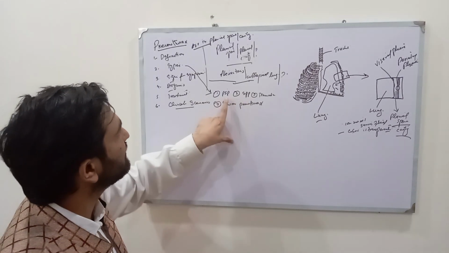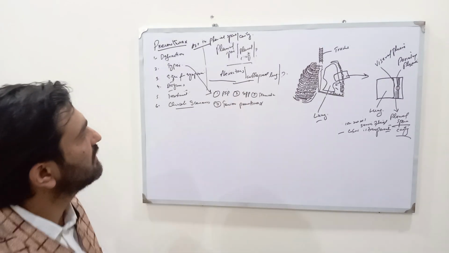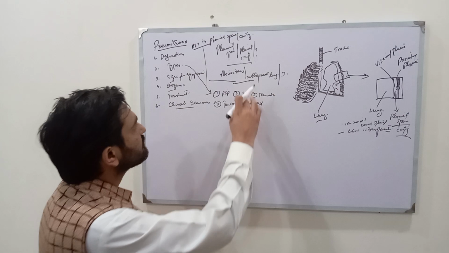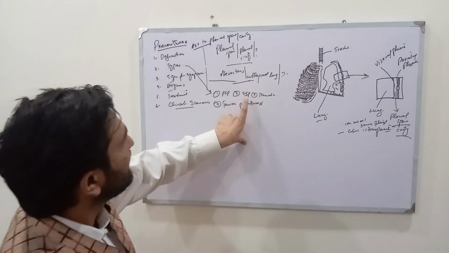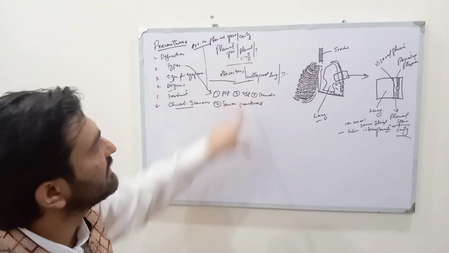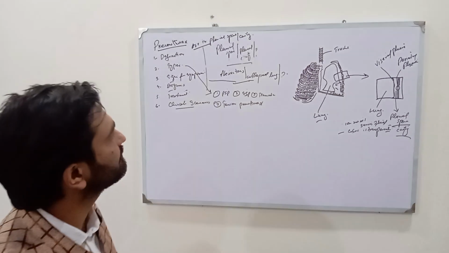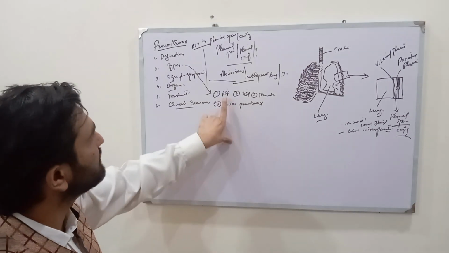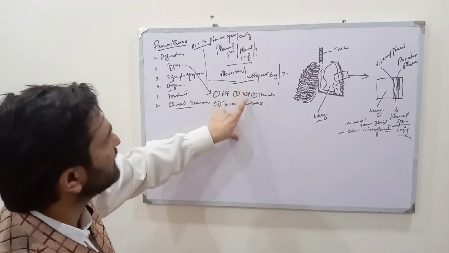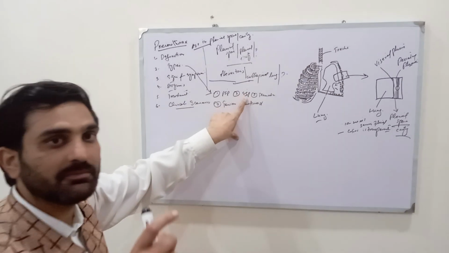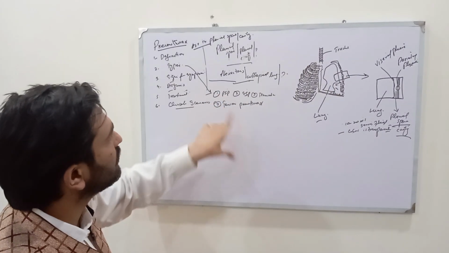What is the difference between primary and secondary spontaneous pneumothorax? In secondary spontaneous pneumothorax, underlying pulmonary disease is present, but in primary spontaneous pneumothorax, there is no underlying disease.